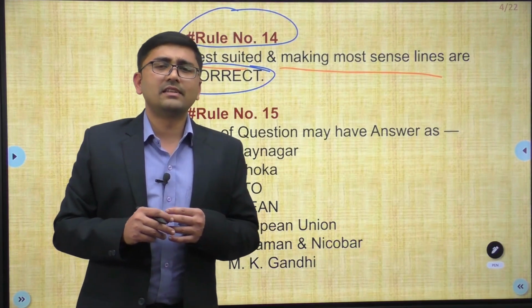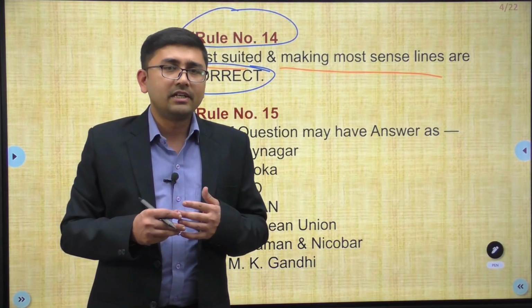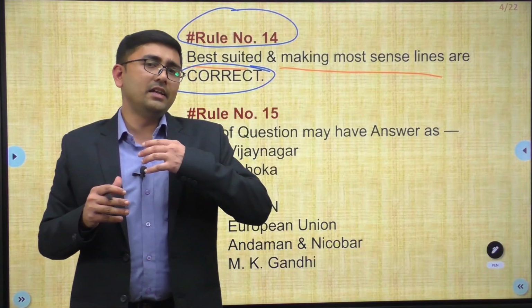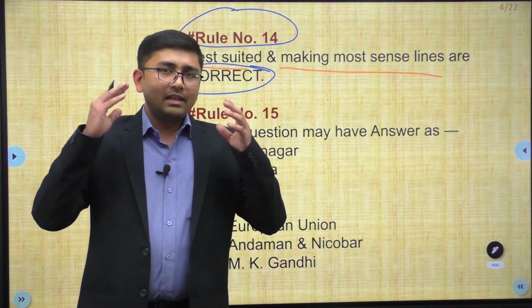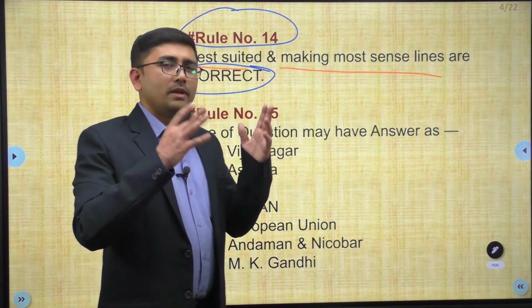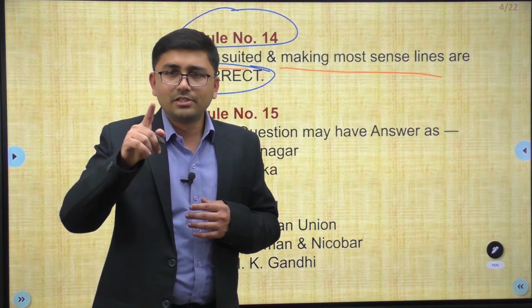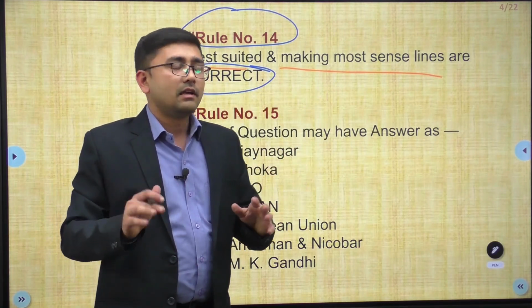Because we have been nurtured in this society for the last 25-30 years, and we react to any question or situation as per our nurturing. There is also processing in your brain after mugging up so many facts and learning so many concepts. At that time you can think that your first intuition is right, and best suited and more sensible lines are correct.